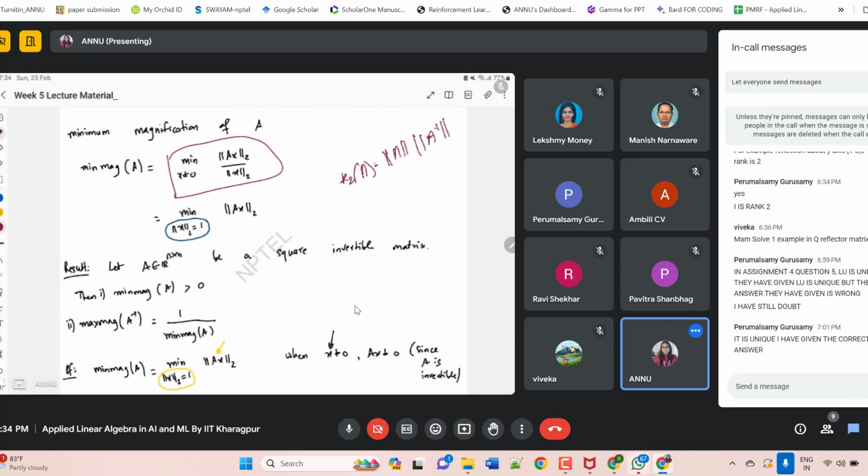Now, for the norm of A, you can write the max of magnification of A, and the norm of A inverse you can write as 1 upon the min of magnification of A. The induced norm is nothing but the max over x not equal to 0 of the norm of A of x divided by the norm of x, that is the 2-norm.